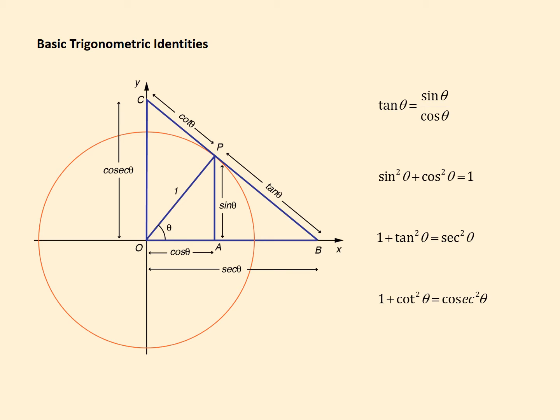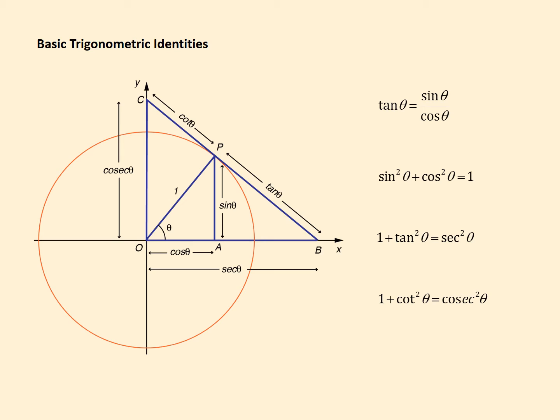And I've called the radius 1. Now it turns out that the distance OA is cos theta, because adjacent over hypotenuse is cos theta, and since the hypotenuse is 1, then the adjacent is just cos theta.